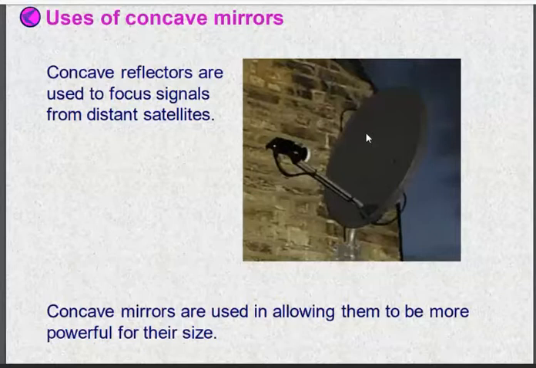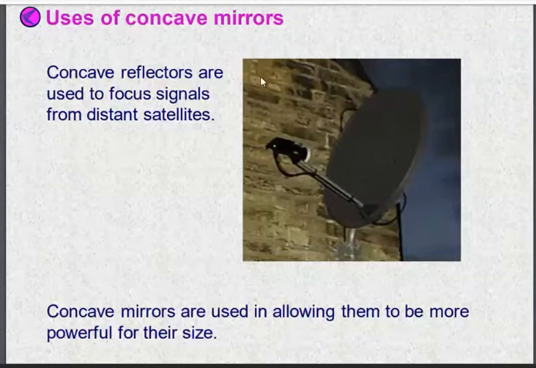The video signal coming from the broadcasting station or channel via satellite, as the satellite is much farther away from the dish, is assumed to be situated at infinity. So rays of electromagnetic waves coming from the satellite to this dish are from infinity, and you see this is the receiver that receives the signal.